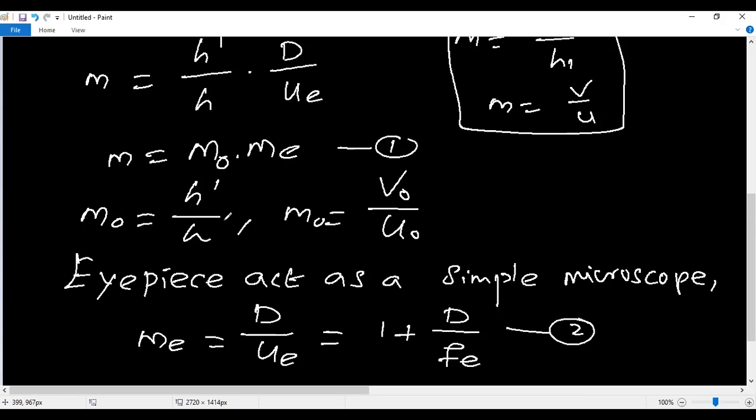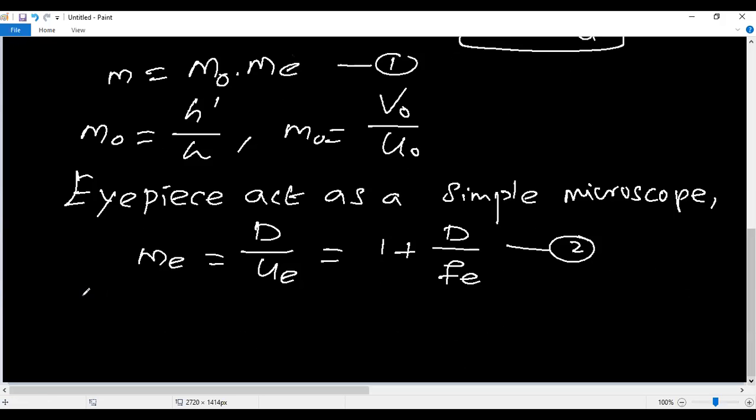Okay, see here, we know the formula for M naught and also for ME. Both formulas we apply into the first equation. M equal to M naught into ME. The M naught formula is V naught divided by U naught, into ME.